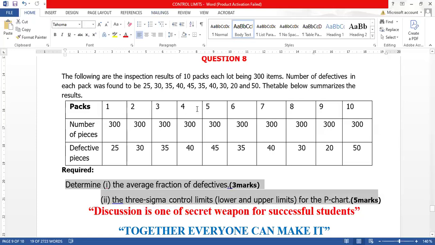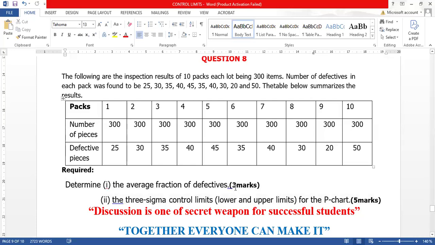Any question about control chart? Also, if they ask for the 3 sigma control limits, they are just asking for lower and upper limits. Sometimes they may not ask you for the average fraction of defective, and they say determine the 3 sigma control limits.